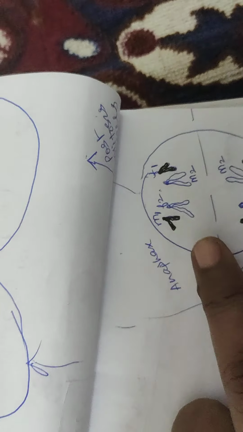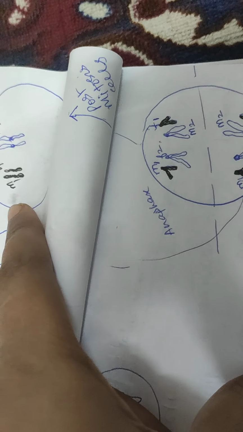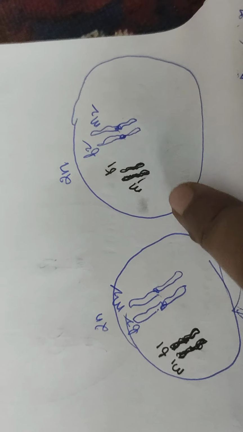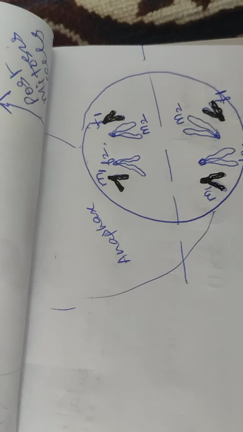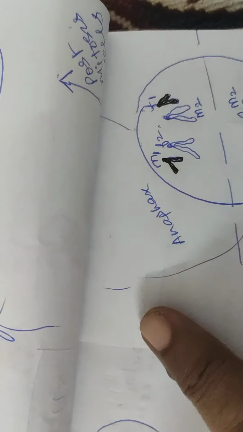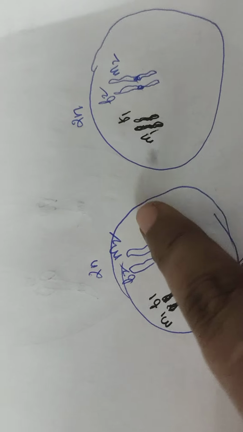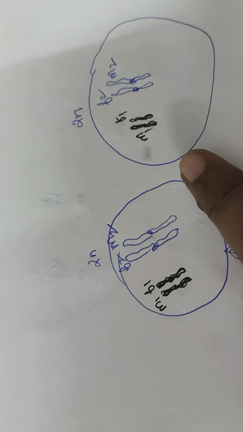So you have M1, F1, M2, F2. So it becomes 2n. Same thing, this was bent, I made it straight to show you that this is the 2n number you get after mitosis.